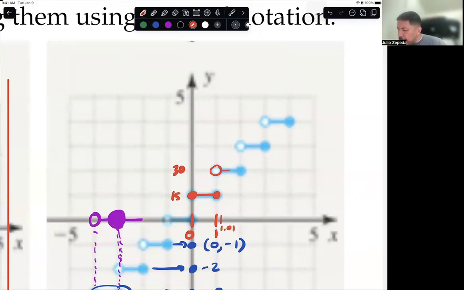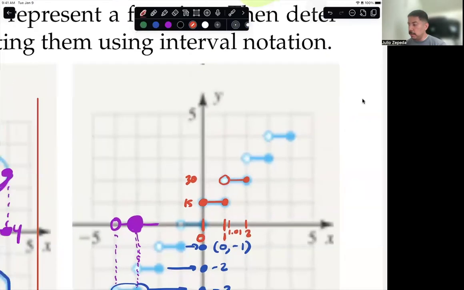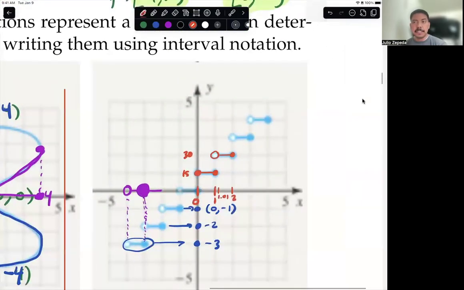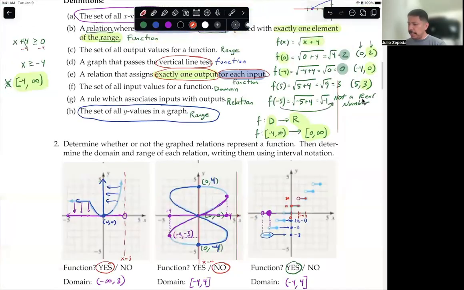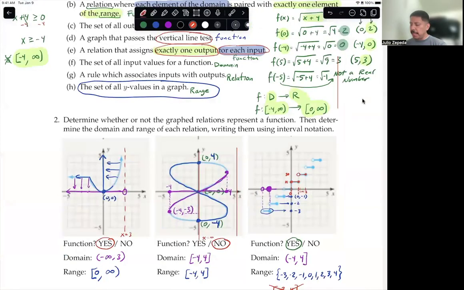But anything above one got me a charge of $30 up to the second gigabyte, and so on. It would just keep jumping by $15. And so this is a graph that applied to me and my phone bill back when I was with Xfinity Mobile. All right, so just a little bit there on functions, domain, and range.